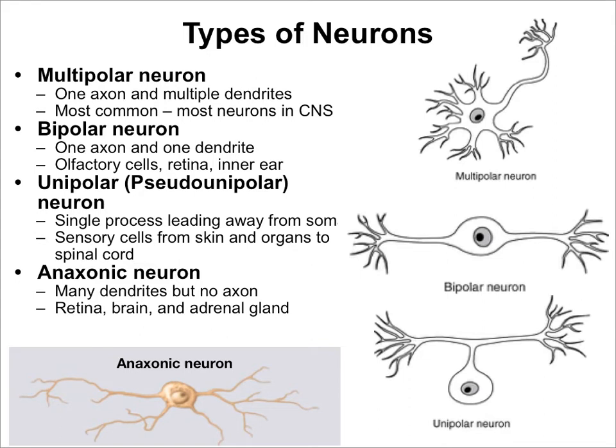These are usually sensory neurons, not always, but usually, in the special senses. So the senses that are only going to be receiving information from one source or place.